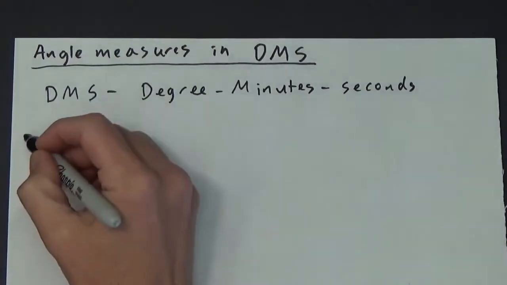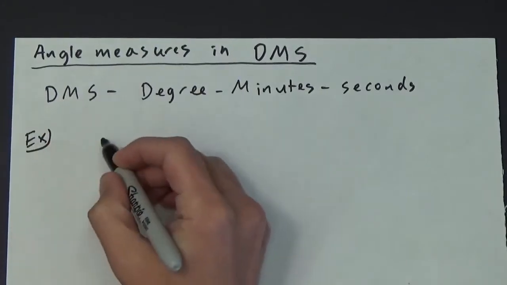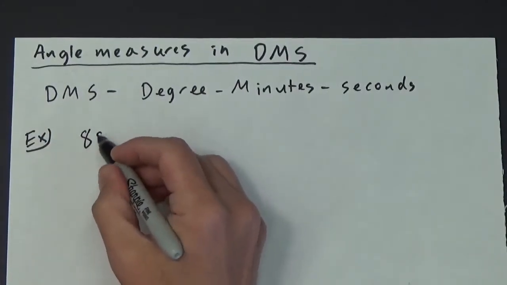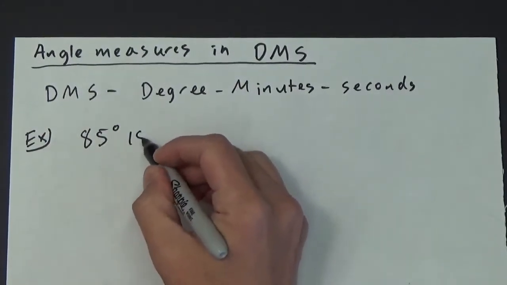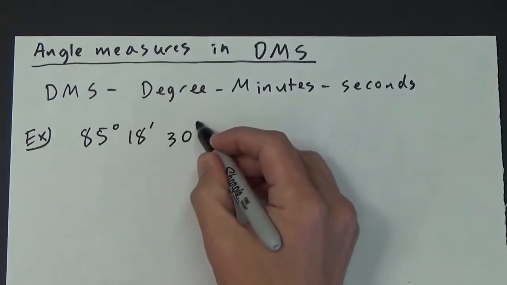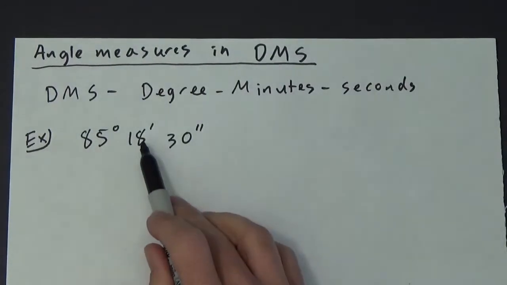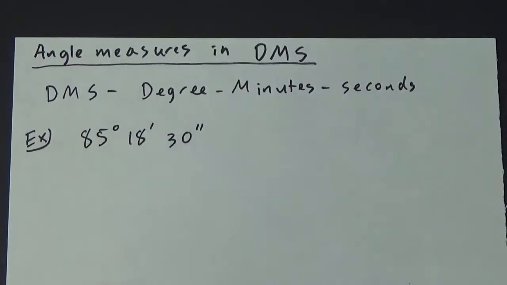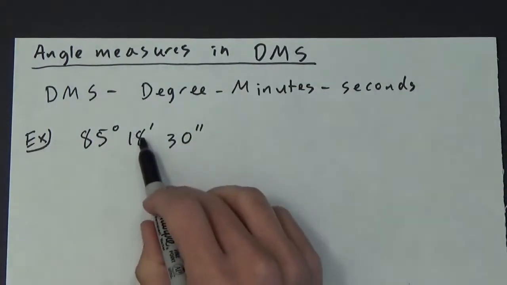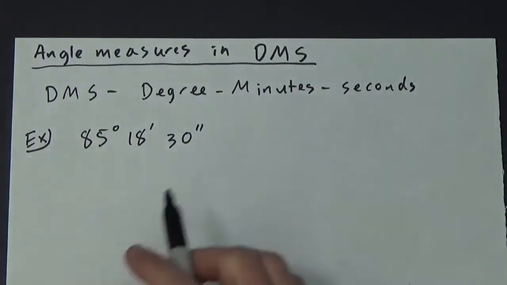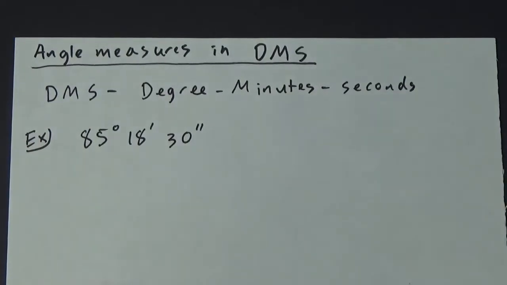So an example of this would be something like this: 85 degrees, 18 minutes, 30 seconds. So this, of course, is the degree sign, and everybody's pretty familiar with that. But then we get these little prime marks here, and so when you have 18 with one prime, that's minutes, and 30 with two primes, that is seconds.